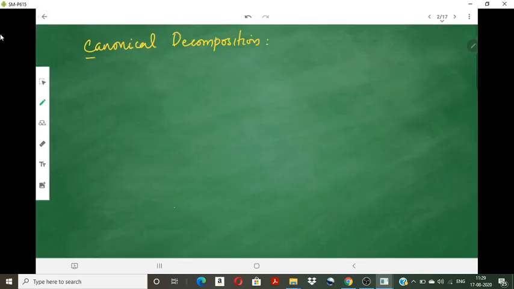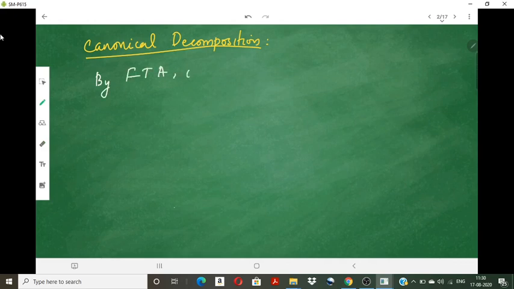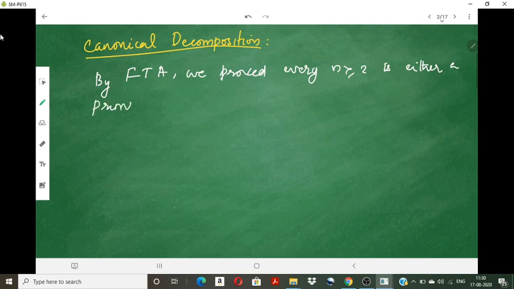So before stating the canonical decomposition, by the fundamental theorem of arithmetic, we have proved that every integer n greater than or equal to 2 is either a prime or a product of primes, not necessarily distinct, isn't it?